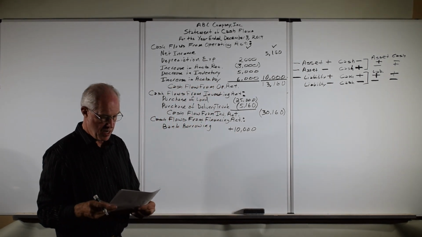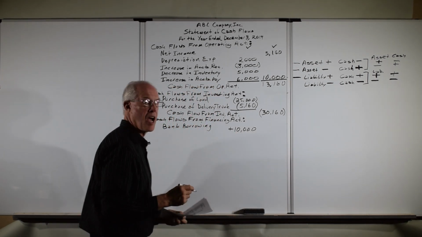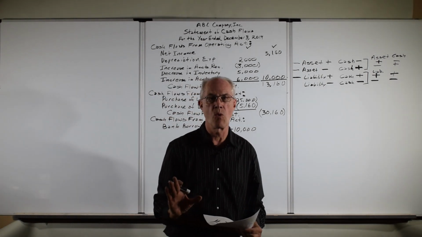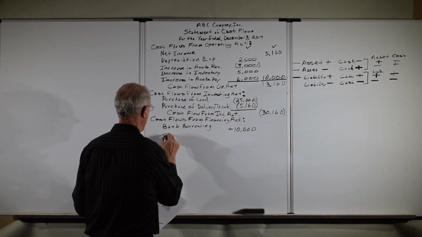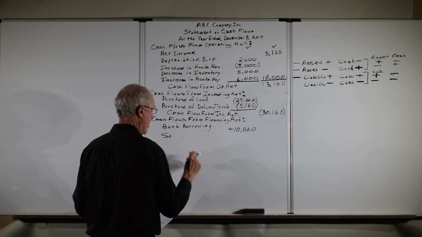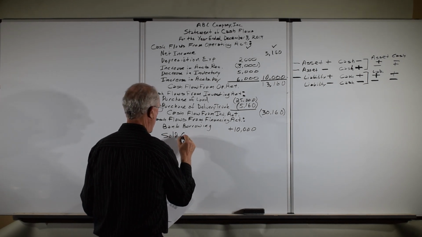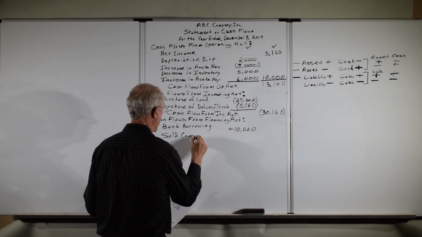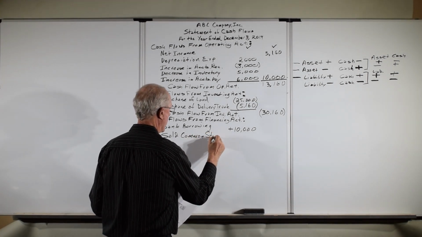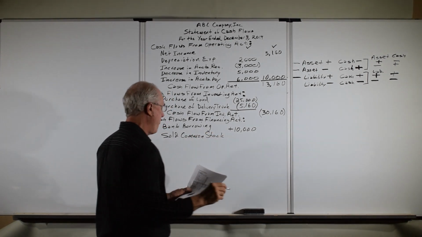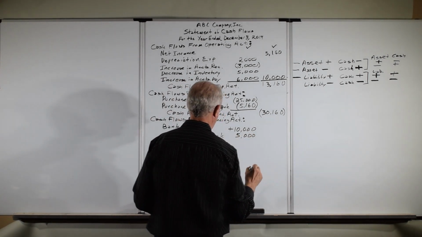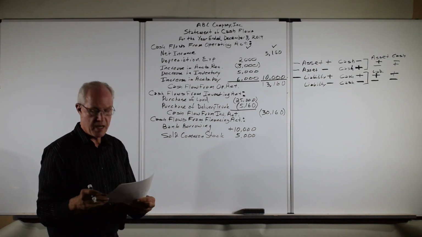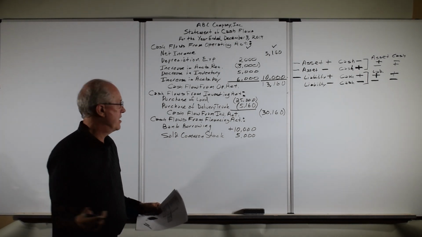And then the next one is sold common stock for cash. Sold common stock for $5,000. And it turns out those are the only two financing activities.